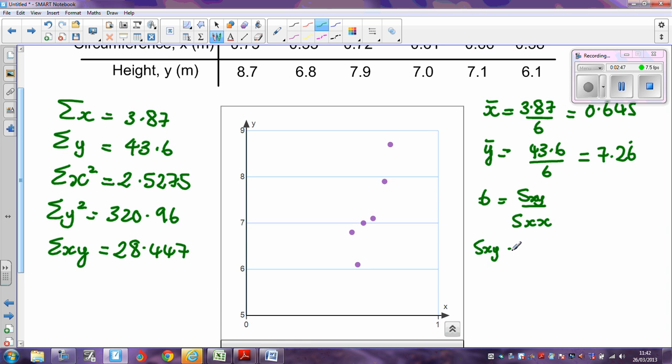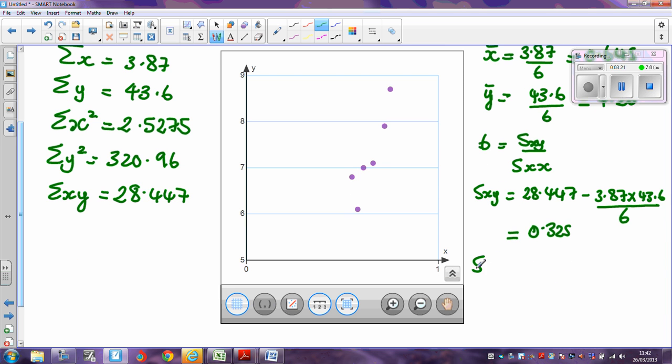Sxy is going to be sigma xy, that's 28.447, minus sigma x, that's 3.87, multiplied by sigma y, 43.6, and that's divided by n, which is 6, and sxy comes out as 0.325.